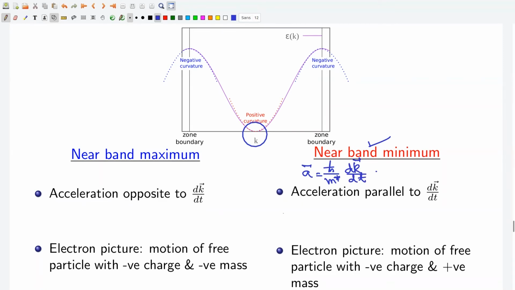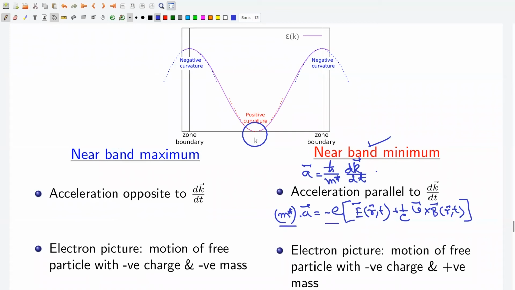In this case, the equation of motion is m star, which has a dimension of mass, times acceleration is equal to external force. This looks like the motion of free particle with negative charge and positive mass.